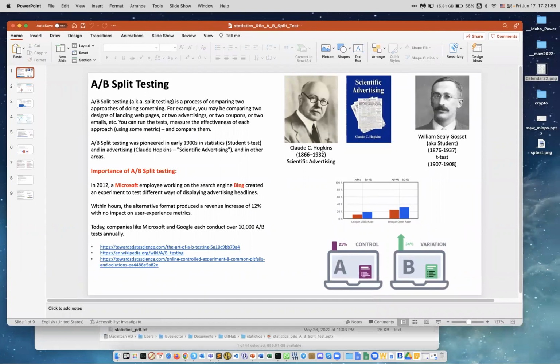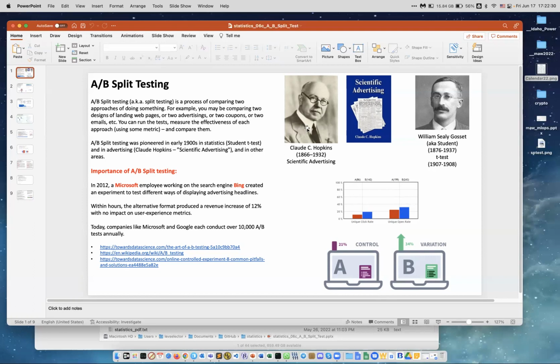Claude Hopkins wrote a classical book, Scientific Advertising, like 100 years ago. Why is it so famous? Because he introduced a scientific approach to advertising, where you invest money to run ads, and then you calculate the results. So you use some analytics, you do some statistics, and then you test which advertising works better, right?